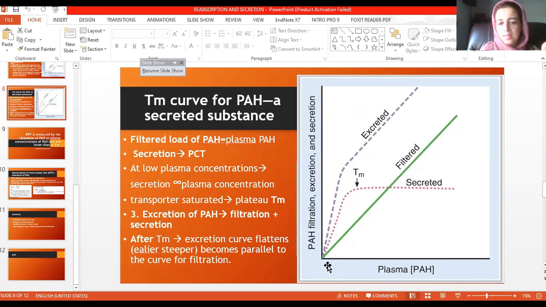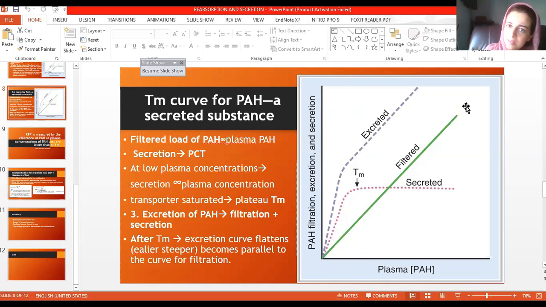Over here, you can see that the amount filtered is again shown by a green line. It is at an exact 45-degree angle, which means as much change takes place on the x-axis, correspondingly the same amount of change takes place on the y-axis. This is direct proportionality.